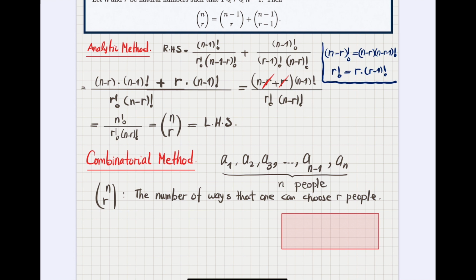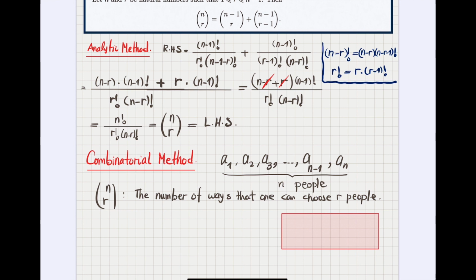When I choose r people from n people, there are some combinations that this person is involved, and there are some combinations that this person is not involved. So if I know how many combinations are including the last person, and on the other hand, if I know how many combinations are excluding the last person, it's clear when I add these two numbers, it becomes the total number of choices from these n many people, yes?